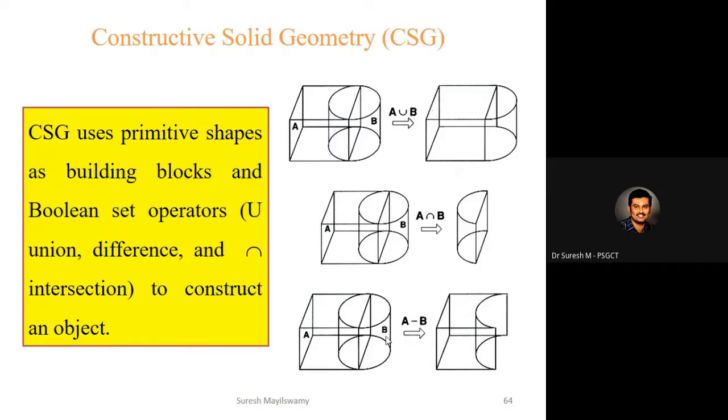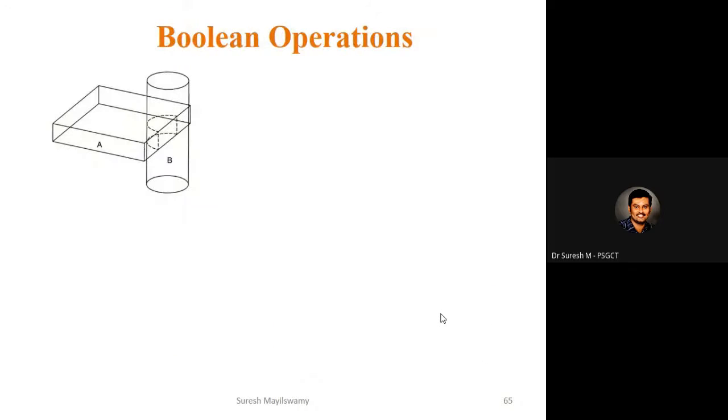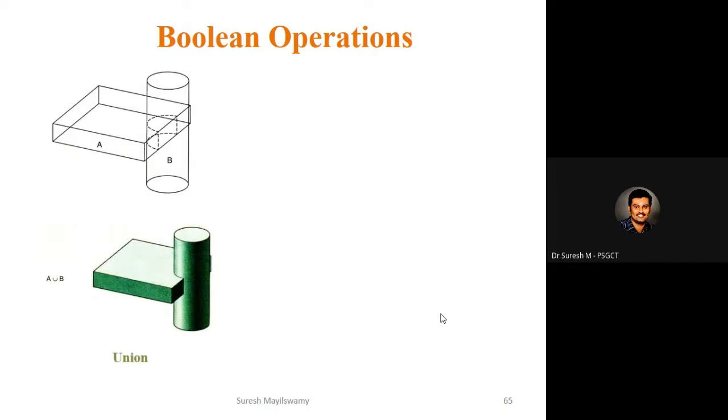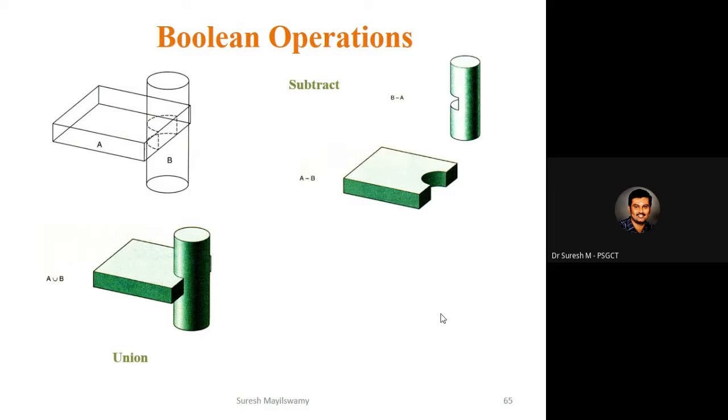And A difference B means B will be subtracted from A so that the remaining portion will be there. Like that, we can use solid geometry constructions. So here there is an A and B. This is the union, subtract, and then intersection.